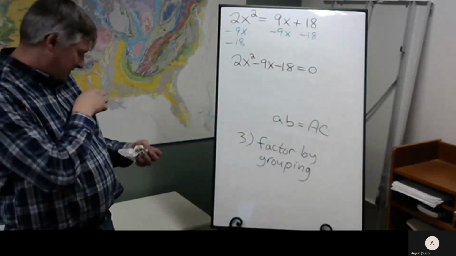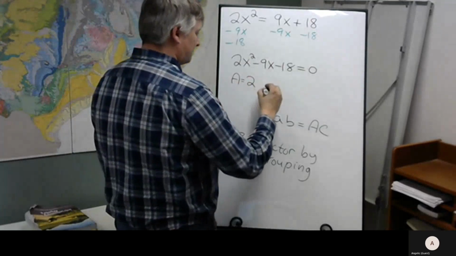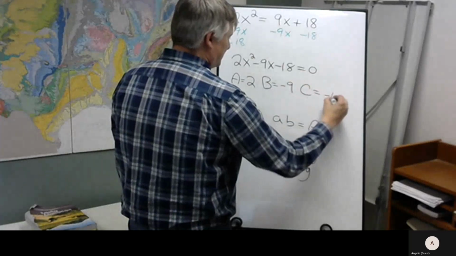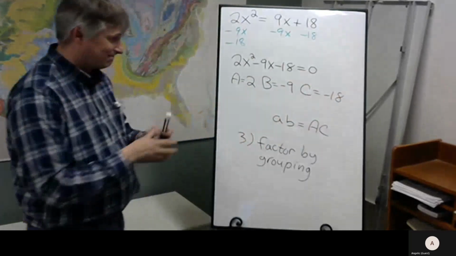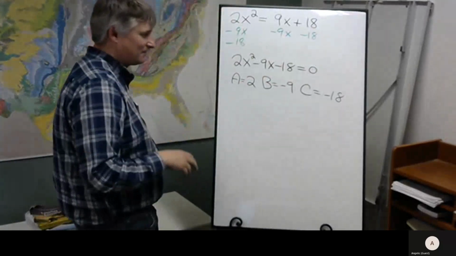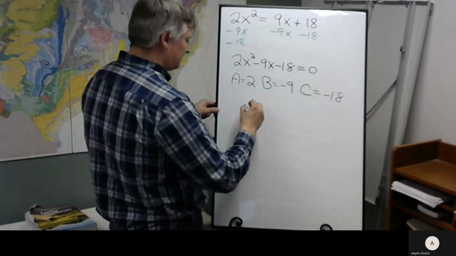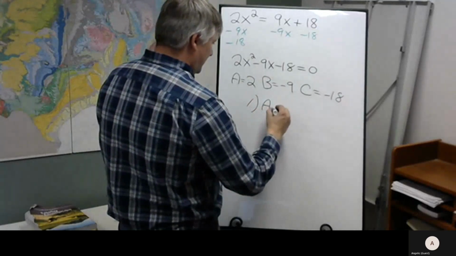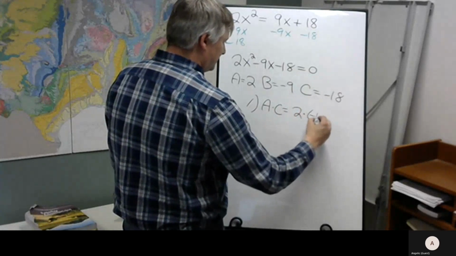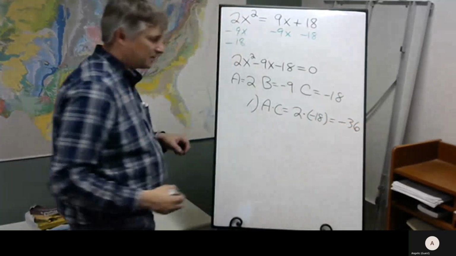Now, in this case, A is 2, B is -9, and C is -18. So first off, A times C, which will be 2 times -18, is -36.